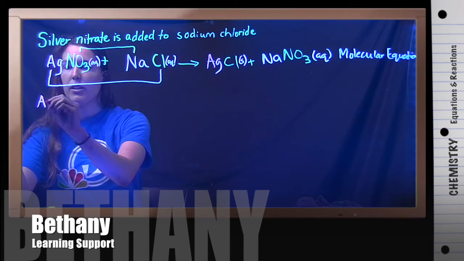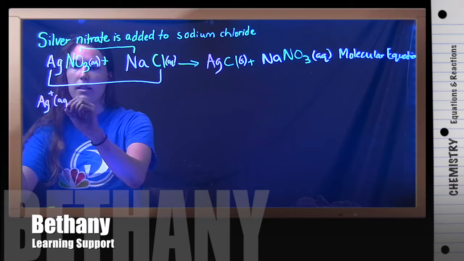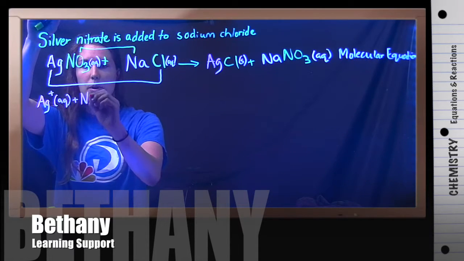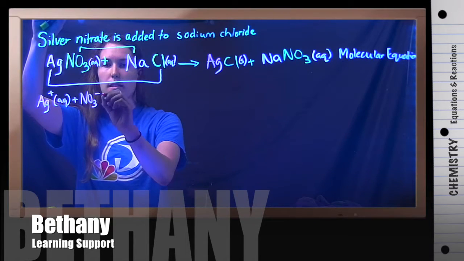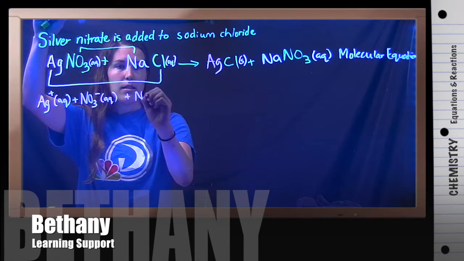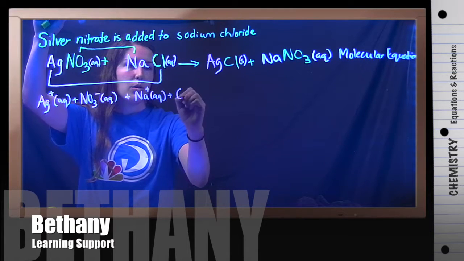So for the complete ionic equation, we'll want to write the ionic form of each member of these compounds. So we have silver and nitrate, which break apart in solution. So do sodium and chloride.